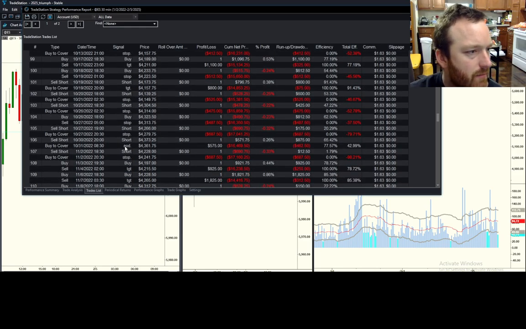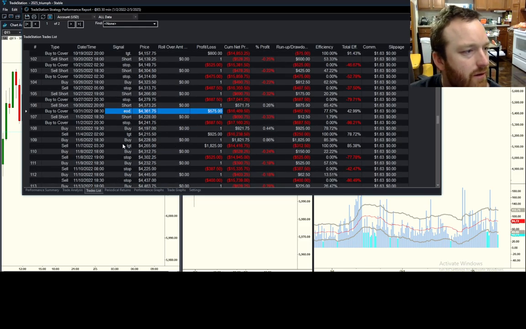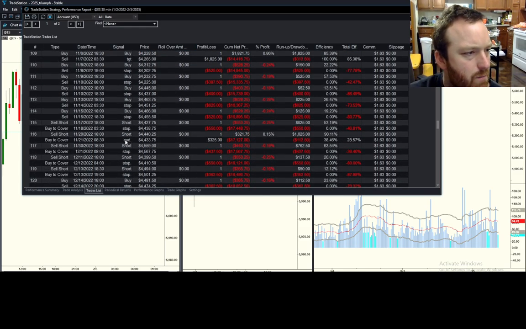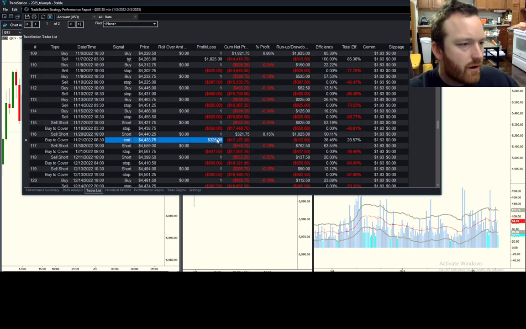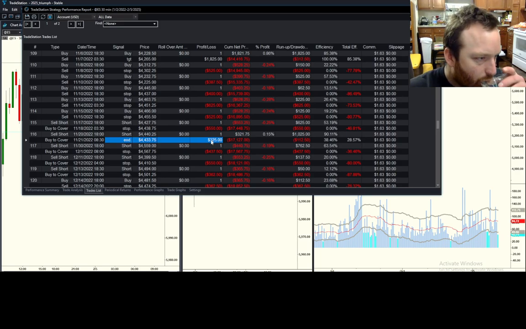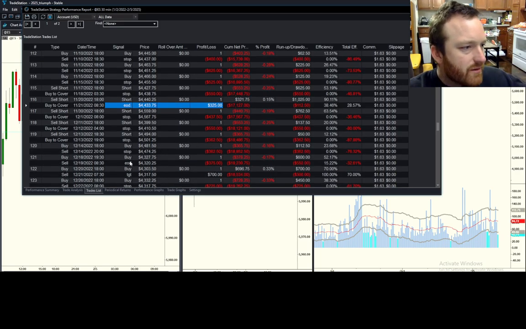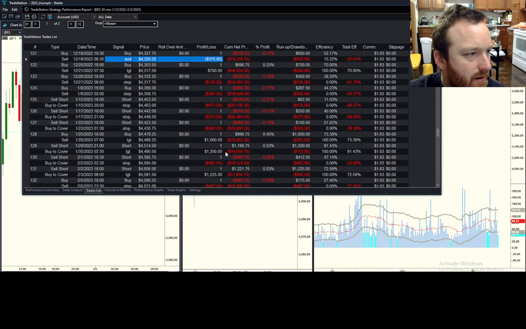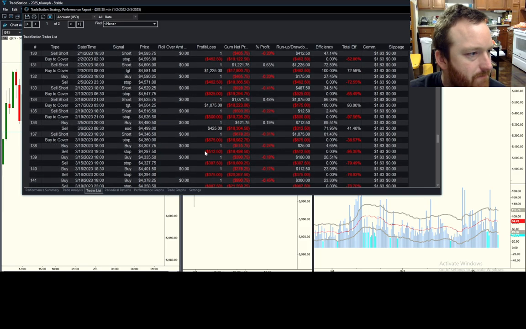I could run it including the following day, but I don't want to include the following day. The whole point of this is the overnight only. And it looks to be less than 10% of the time it doesn't last the overnight session.